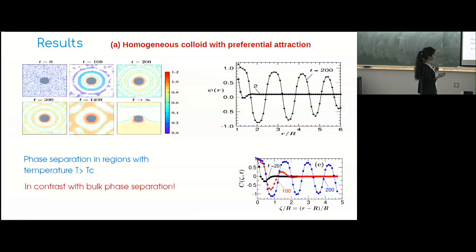As time progresses, you have more surface adsorption layers and depletion layers forming in the liquid. If you look at the equal-time two-point correlation function, you observe similar oscillations, because each ring that forms corresponds to the peaks that you see here.